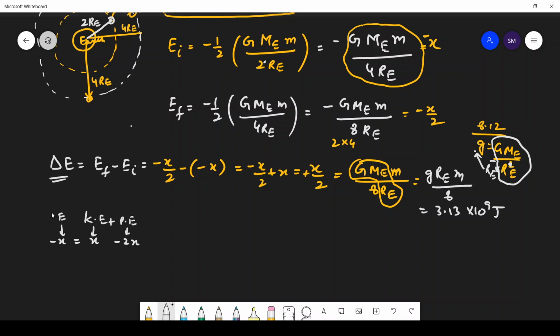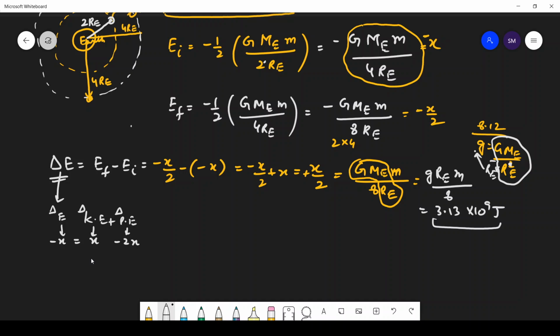If I'm talking about the change, like change in kinetic energy, change in energy, change in potential energy, all three are changed. So the net change means there will be change in kinetic energy and change in potential energy. Can you tell me how much is the change in kinetic energy and how much is the change in potential energy? This is the change in energy.